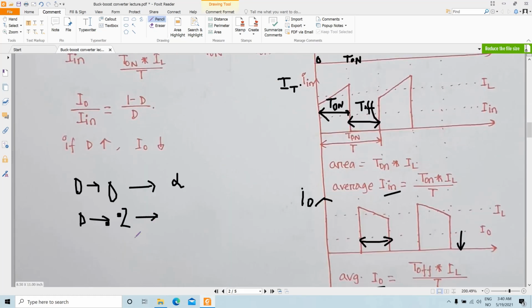And when your D is basically 0.5, the ratio of output current to input current is 1, that means the output current is the same as the input current.